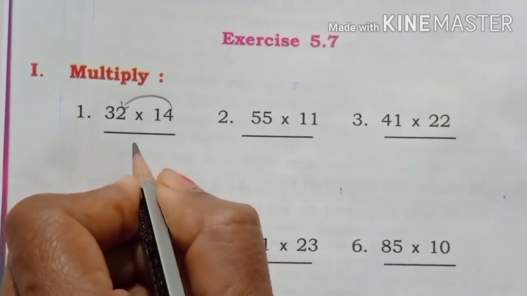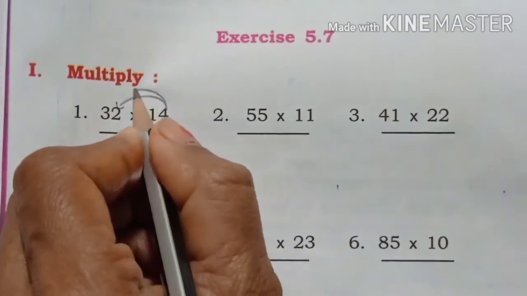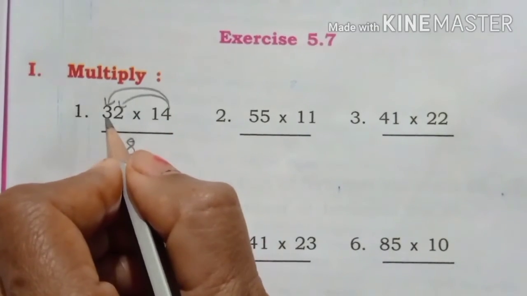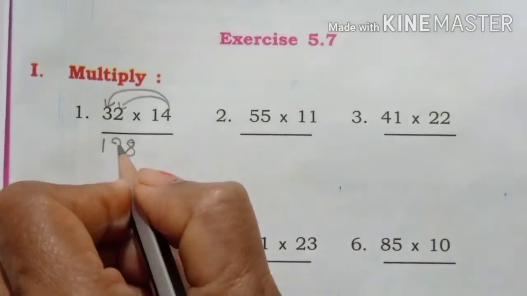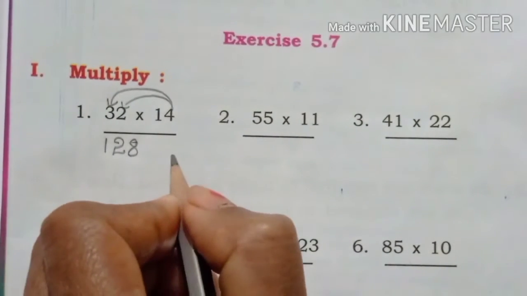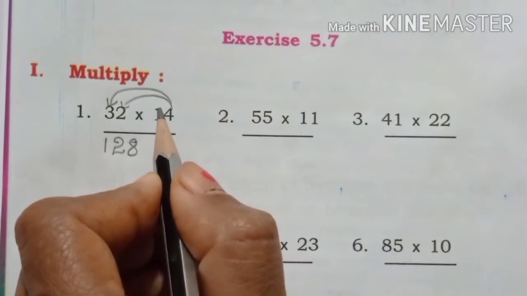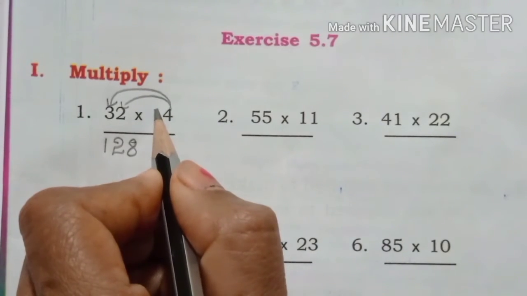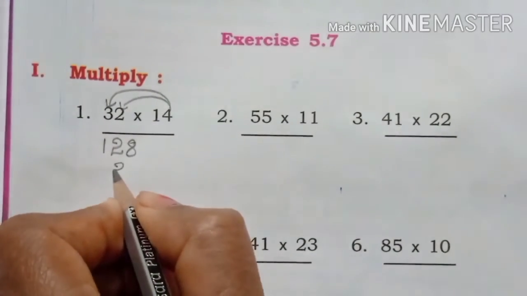4 2s are 8. Now we multiply tens. 4 3s are 12. Now we multiply tens. 1 multiplied by 2 is 2.